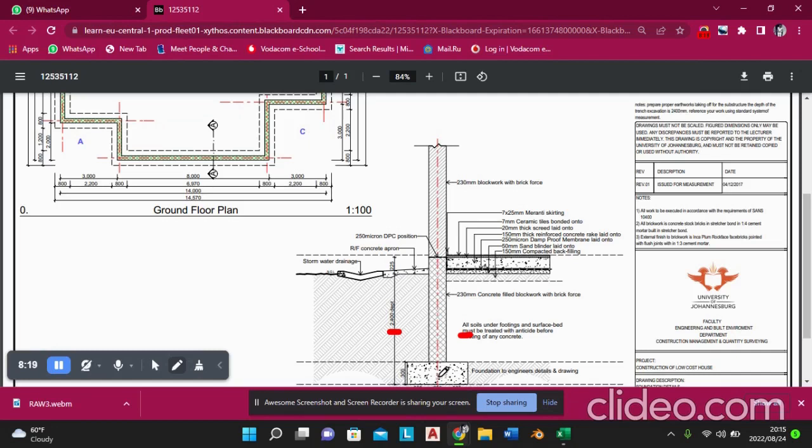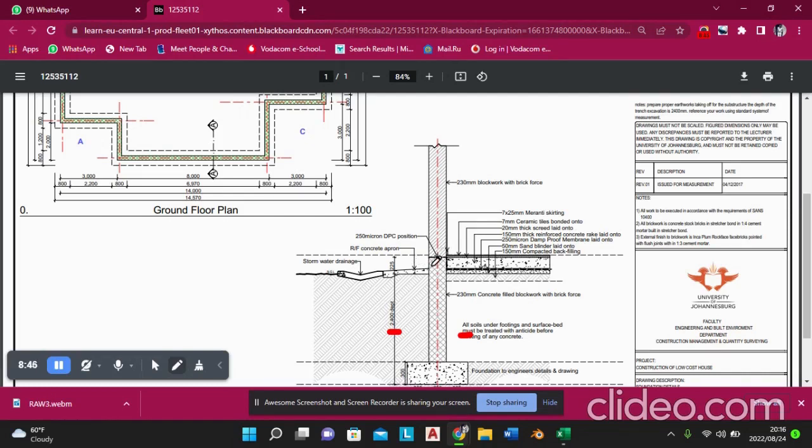Our foundation brick wall is from the surface of the concrete footing up until the level of the surface of the concrete surface bed. We're going to end where we start laying our DPC, which is the damp-proof course.